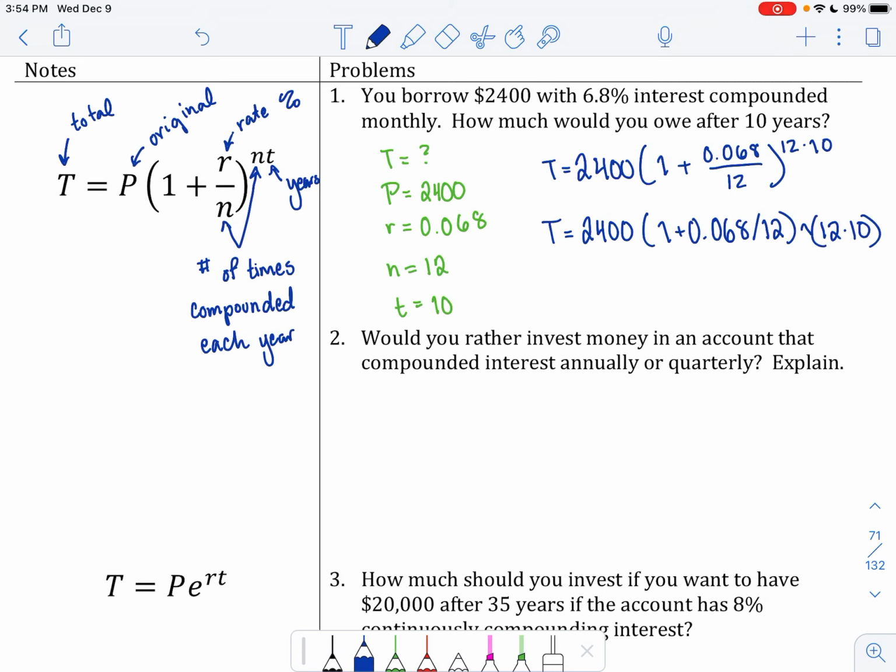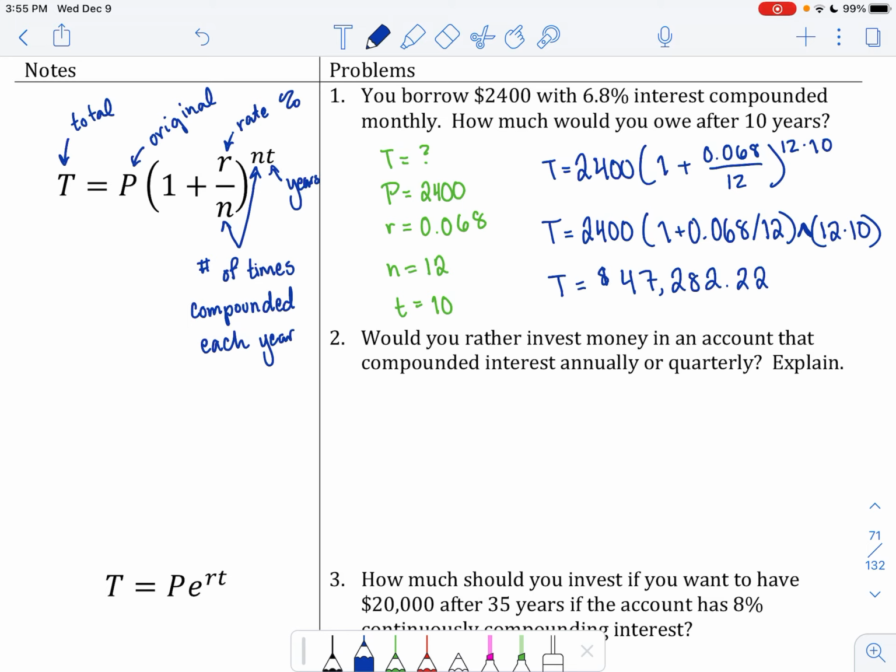You have to put parentheses around both of those since they're both in the exponent. Let your calculator do the work. I would never make you do that by hand. And you end up with $47,282.22. So again, make sure you're putting parentheses around those exponents.